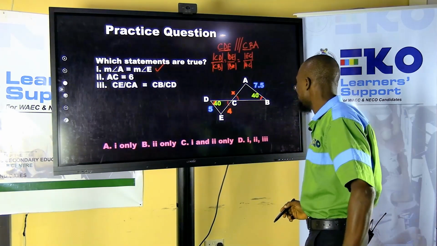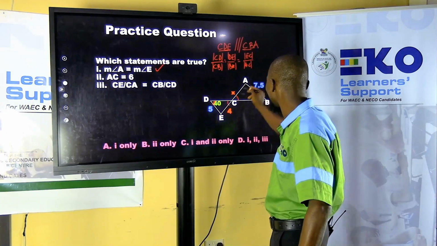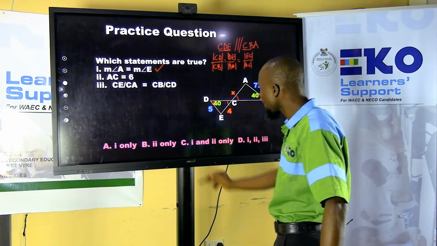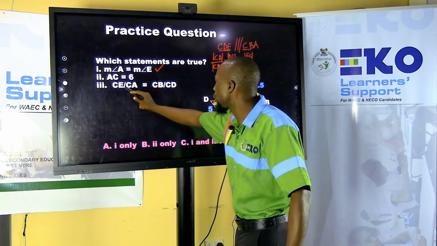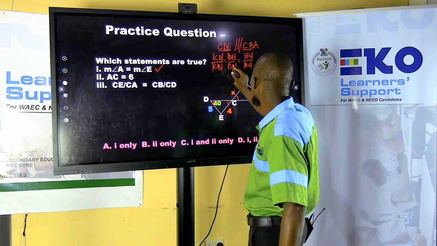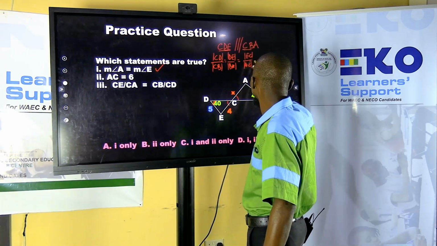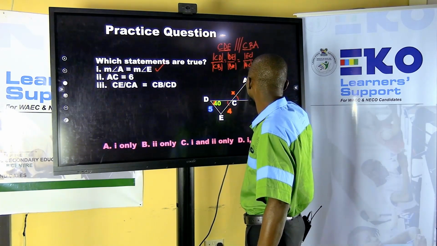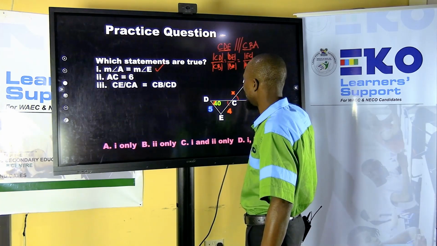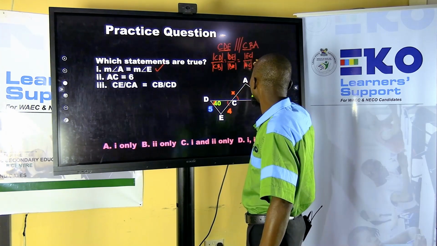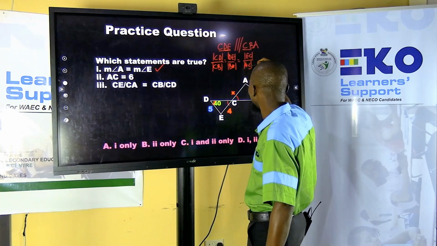AC equals 6, that is X; we are going to look for that. Then the ratio of CE to CA. This is the same thing as CE to CA.